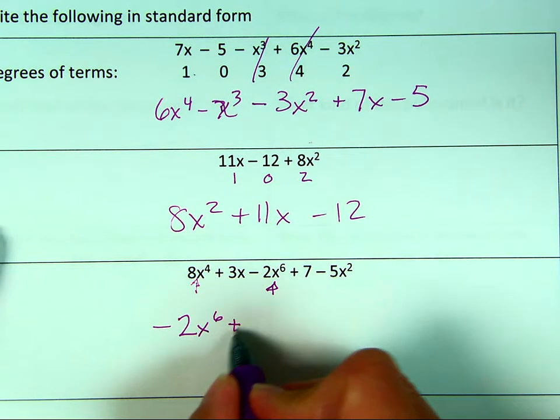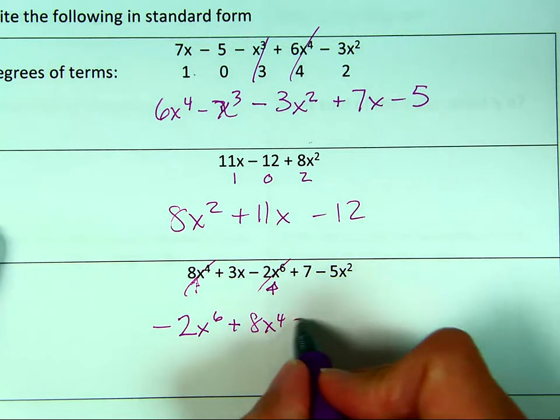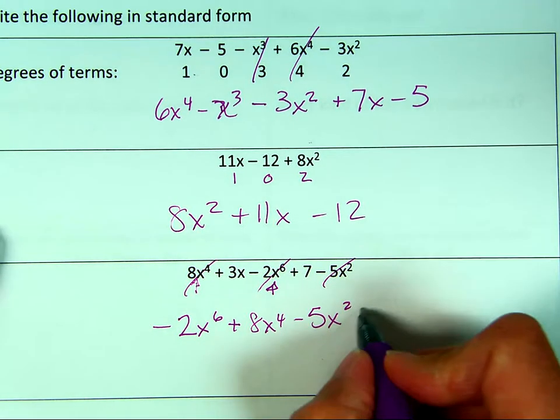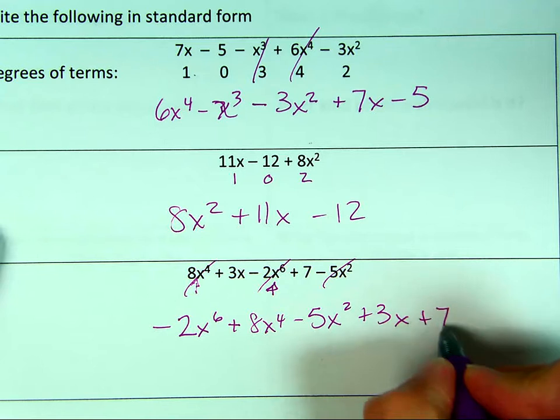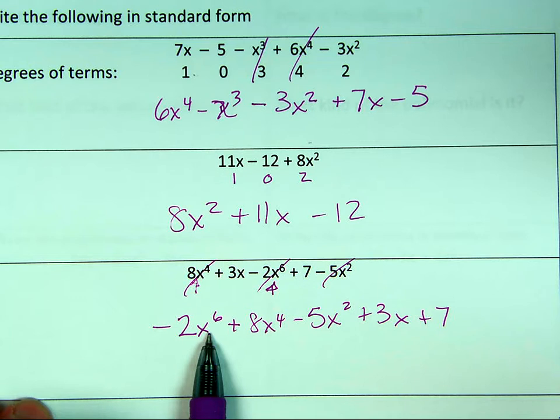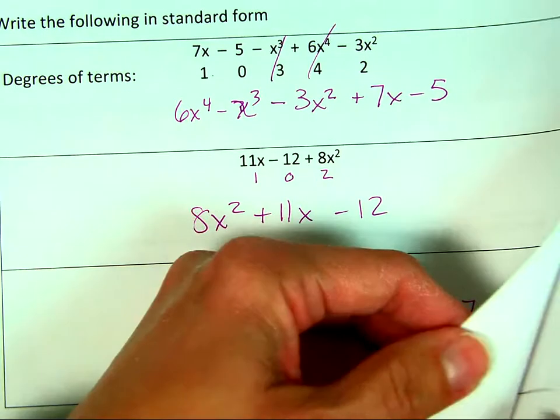So plus 8x to the 4th. Cross them off so I don't get confused. Then I got a minus 5x squared because it's 2 next. And then the plus 3x and the plus 7. And I just got my polynomial in standard form, highest degree at the front, and at the back is the lowest degree.